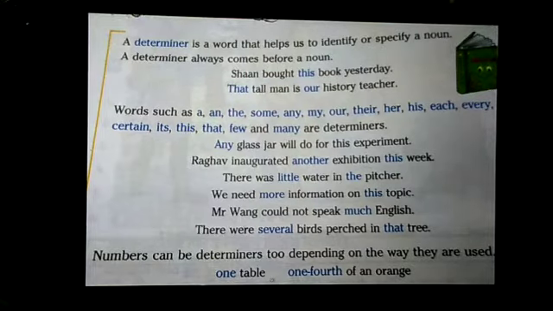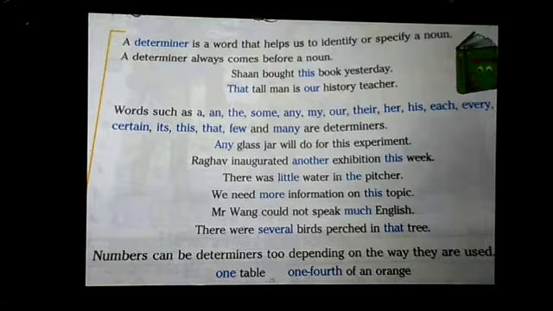So, any is the determiner. Raghav inaugurated another exhibition this week. There was little water in the pitcher. So, little. We need more information on this topic. This. Mr. Wang could not speak much English. There were several birds perched in that tree.